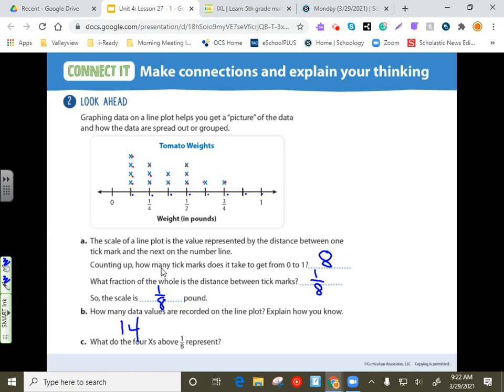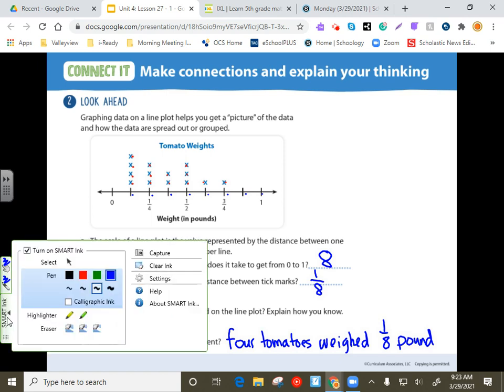That means 4 tomatoes that weigh 1/8 pound. Simple as that. Pretty simple.